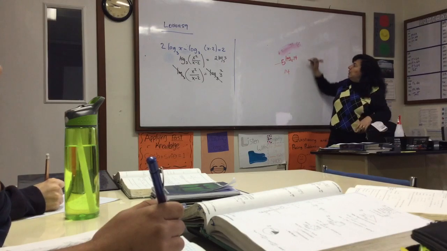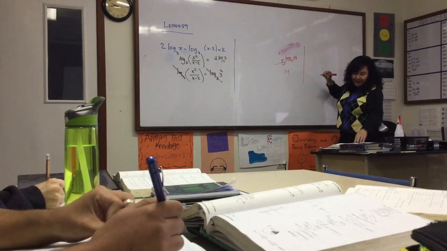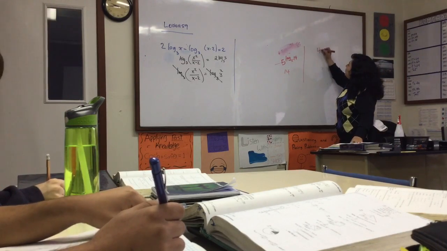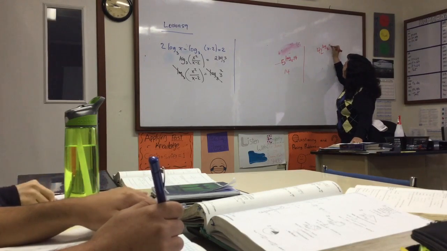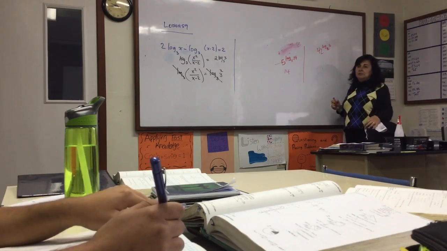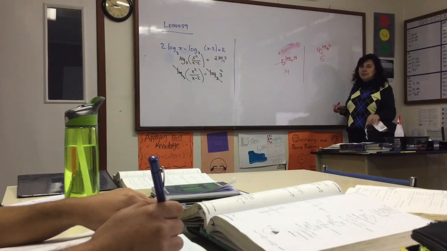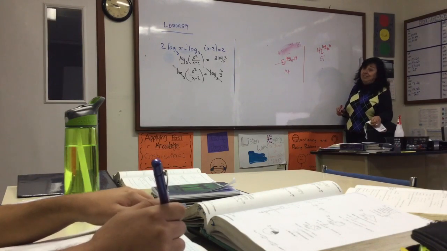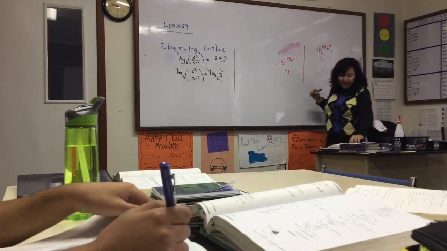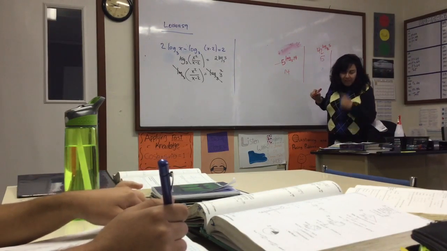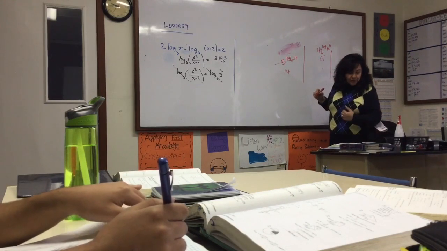Okay? So, if they give you 42 raised to logarithm base 42 of 5, it's 5. Just like the color of the White House is white, right?